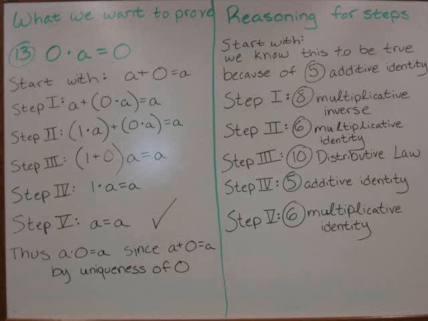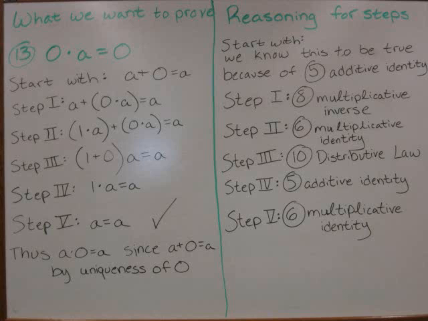In the first step, we're going to say that a plus 0 times a equals a. In the next step, we're going to say that 1 times a plus 0 times a equals a, because of the multiplicative identity. Use the reverse distributive law, and we're going to say that 1 plus 0 times a equals a. The next step, we're going to say that 1 times a equals a.